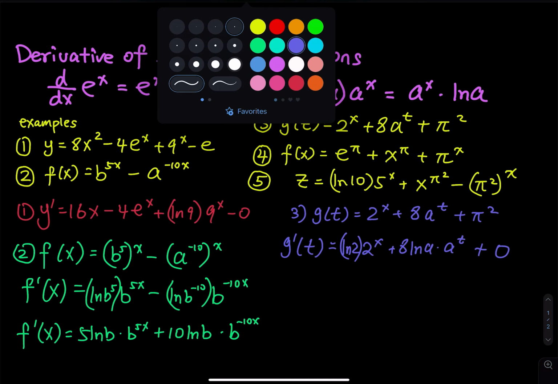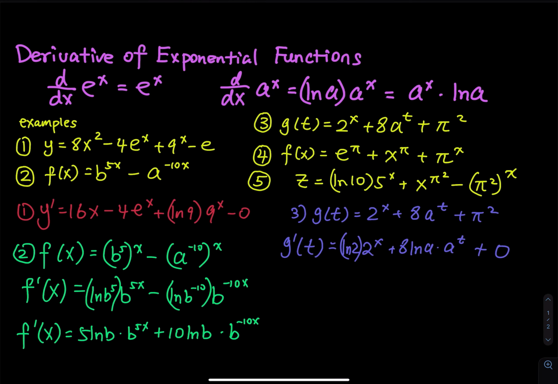And then number 4. So number 4, we have f prime of x. Let's just do the derivative right there. e to the pi, is this a constant? Yup, it's a constant. x to the pi, exponential or power? x is the base, right? So that one is not exponential. x to the pi power, that one is a simple power rule. You bring the pi down, x to the pi minus 1.